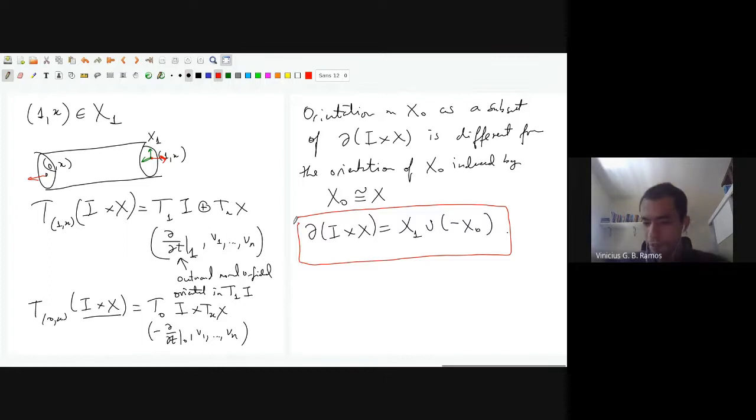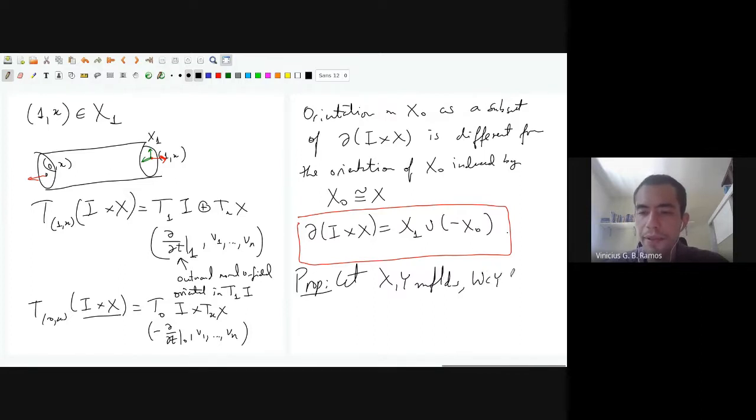Okay, so now we're going to continue orienting things. Now we're going to orient pre-images of manifolds. So I'm going to call this a proposition. Let x and y be manifolds, and w be a submanifold, such that it doesn't have boundary, and y doesn't have boundary either.